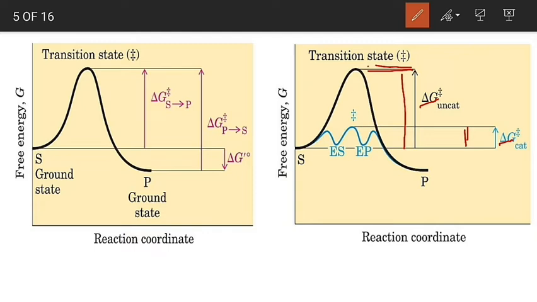So the enzyme decreases the activation energy of the reaction and it increases the rate of the reaction, as a result of which the equilibrium of the reaction is maintained, that is, the concentrations of the product and the reactant remain the same, but the rate of the reaction increases.